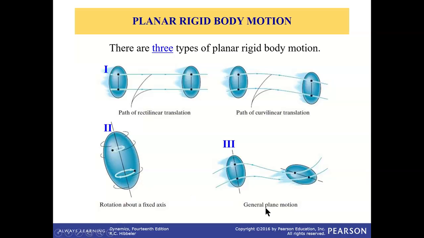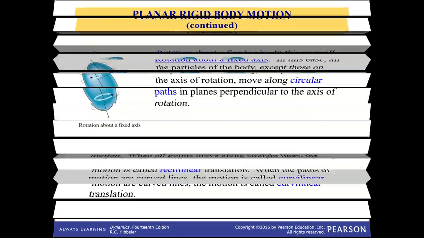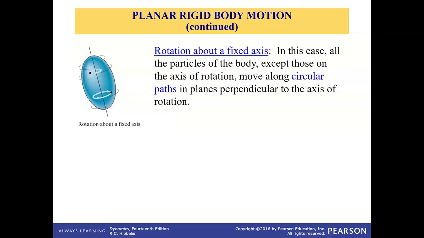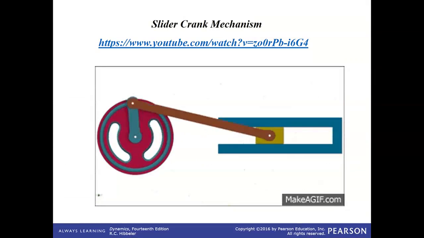And the third type of motion for a rigid body is general plane motion, where the body undergoes both translation and rotation, as shown in this slide. The next few slides have the textual explanation of what I have already said. So you can just go through them and read the description, which I have already explained.